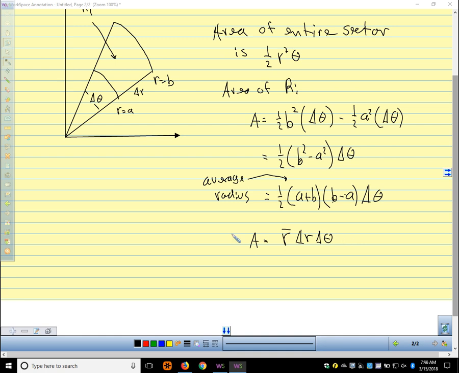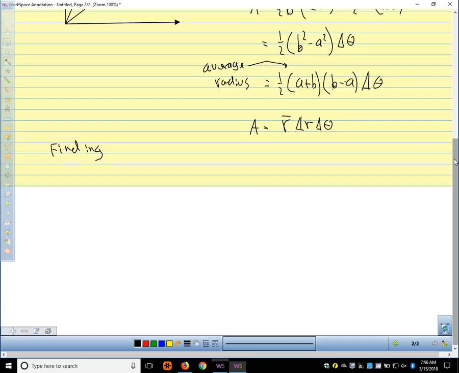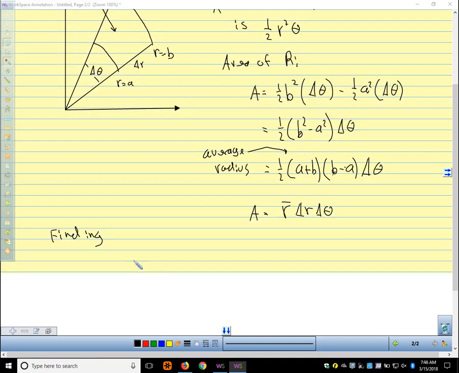If we're finding the volume, that's how we defined our double integral, by finding the volume.